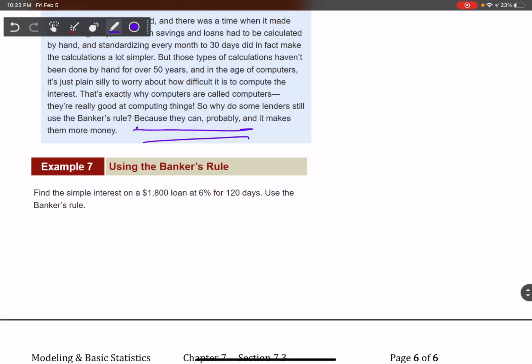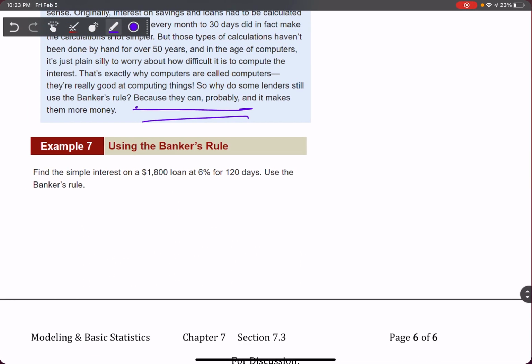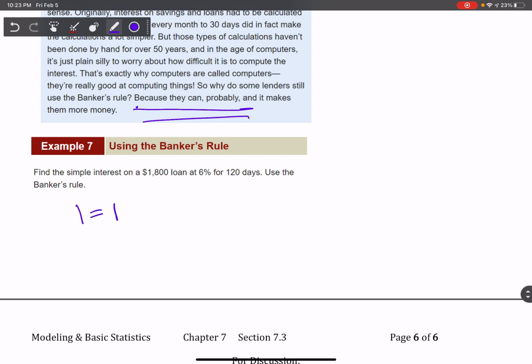So let's try using this banker's rule. Find the simple interest. We're still using I equals PRT. Principal 1,800. Rate 6%. 120 days, but banker's rule tells us out of 360.